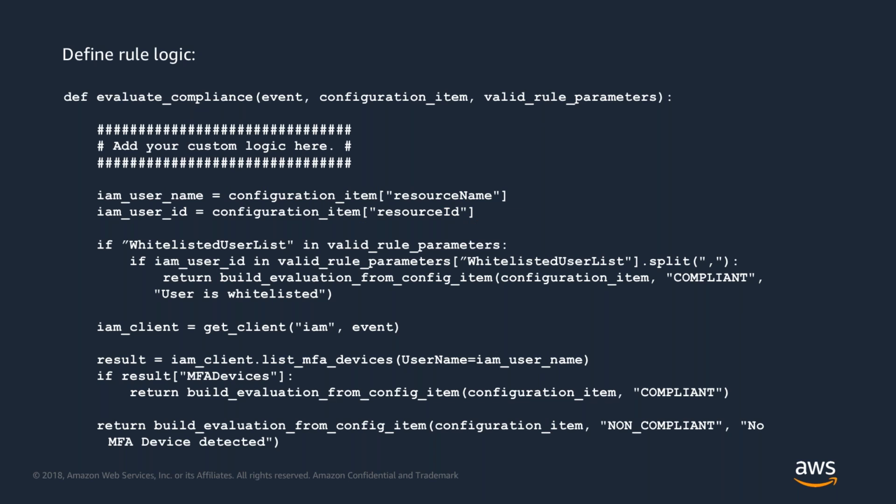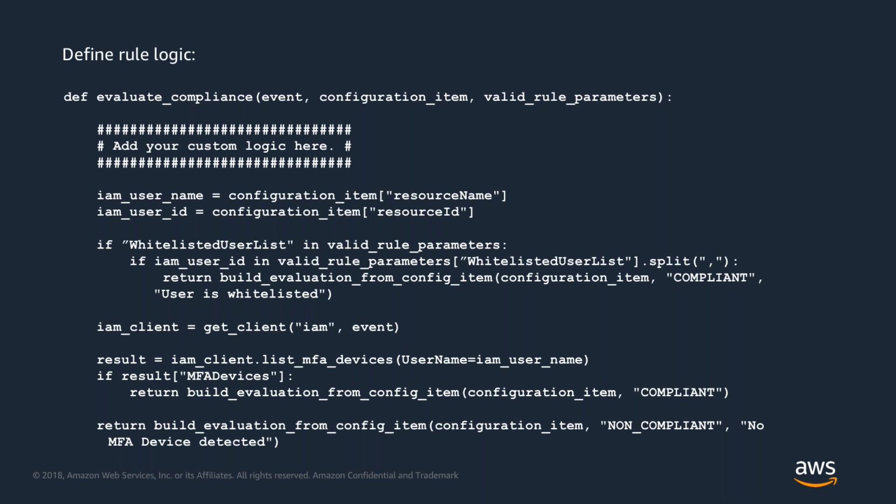So writing the rule for this is actually quite simple. And if you remember, we will be writing the rule in the logic section of the Python file in each of the 3 files that we got from the RDK. Essentially, all I'm doing here is getting the resource information from the configuration item, which should come through in the invoking event for this rule.